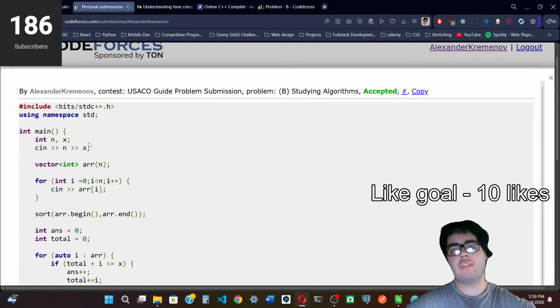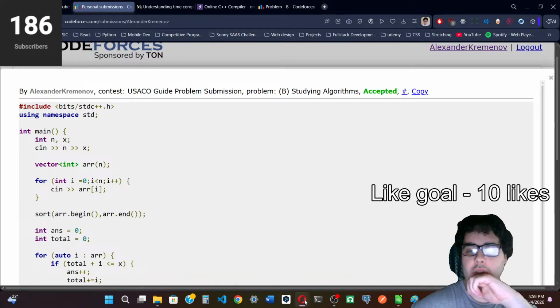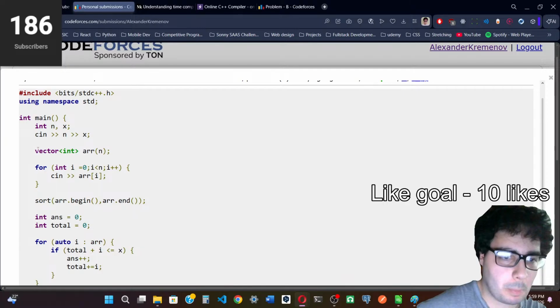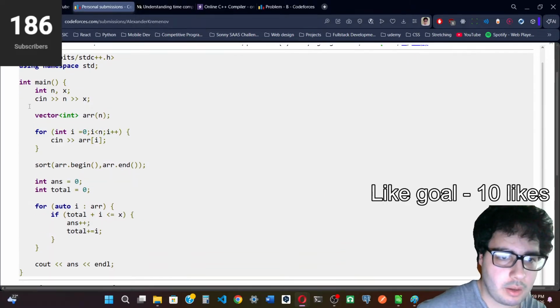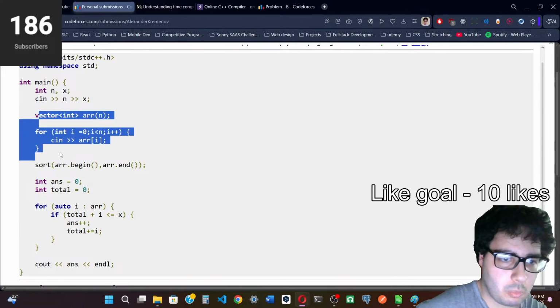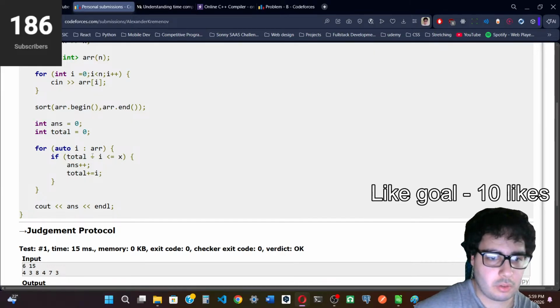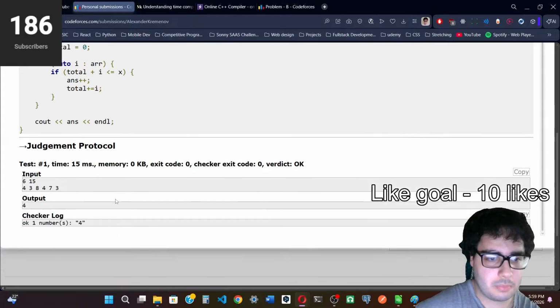In greedy problems, we often need to use sorting, as I already mentioned in one of the previous problems. So we get all of the data first, we get our array, then we sort the array, and then we have the answer and the total. For each element in the array, if adding that element to the total is less than or equal to x, we increment the answer by 1 and add to the total, so we can stop when it gets over x.